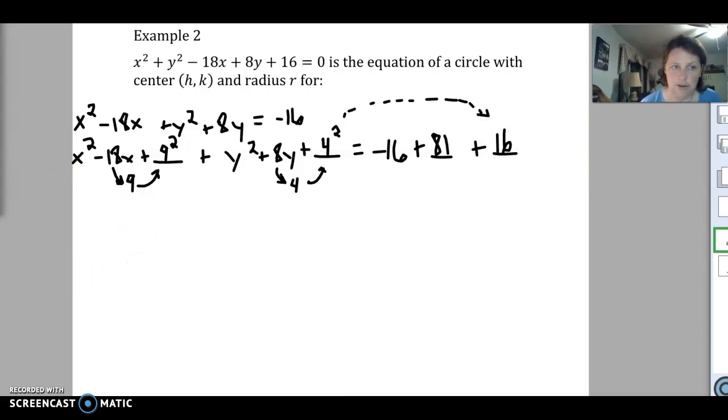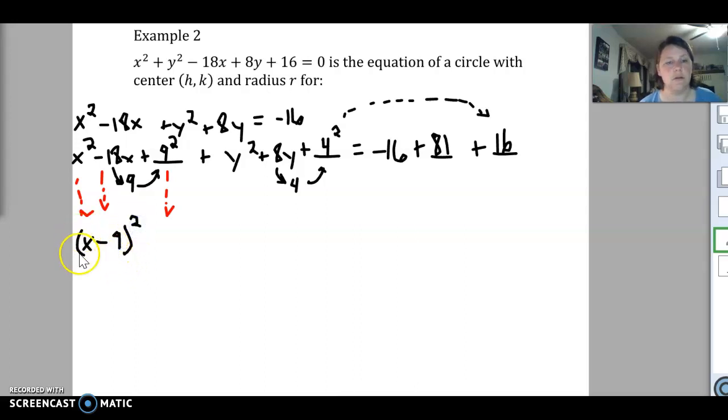Okay, now when we factor these, we're going to use that x. We're also going to use the negative, and we're going to use this 9. So the factored form for our x group becomes (x minus 9) squared.